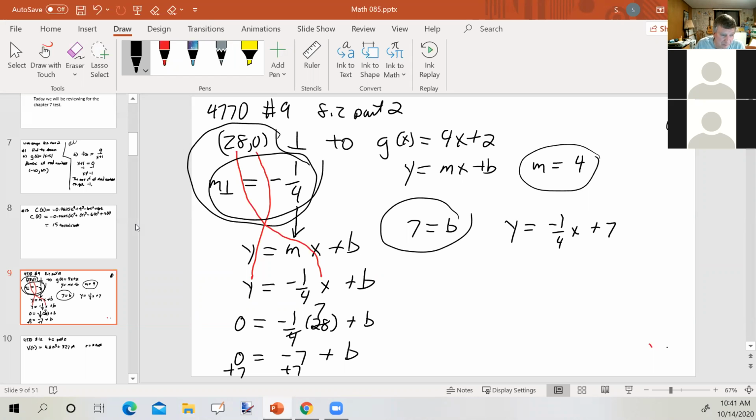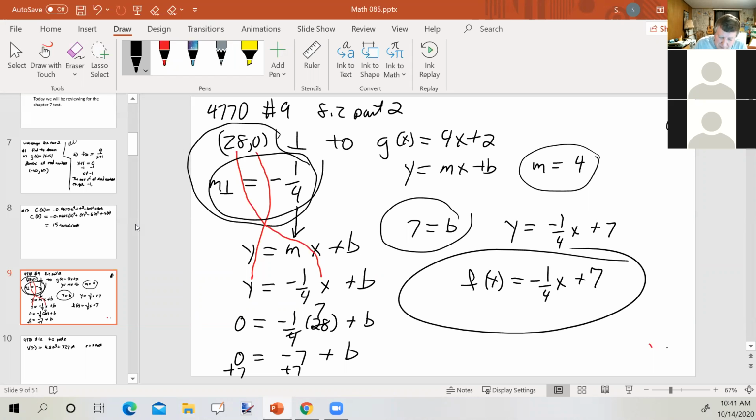But to write it as a function, I'm going to write f of x equals -1/4 x plus 7. So there is the final answer for that problem. Any questions on that?